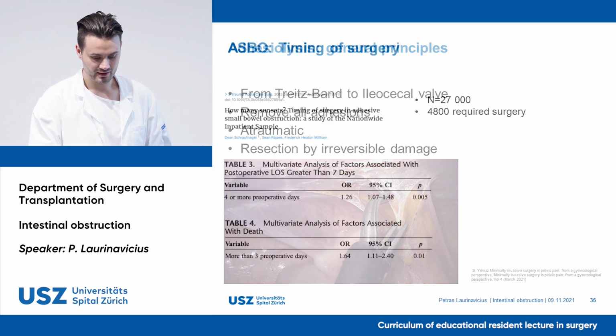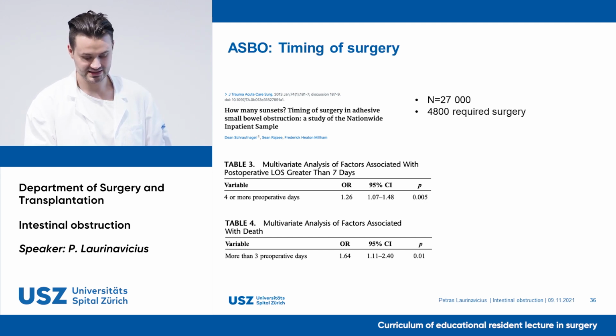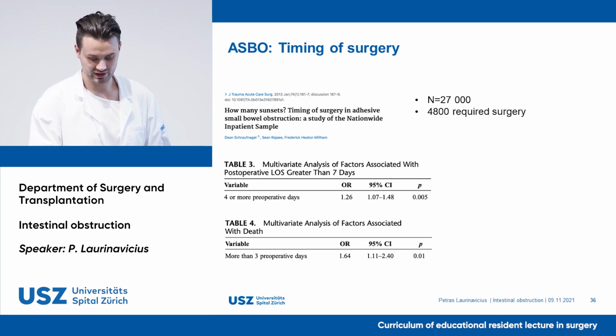For a long time, we had this dogma that the patients with intestinal obstruction have to be operated quickly. However, in the last decade, there were many studies that have proven otherwise. For example, a retrospective trial by Dr. Scharfnagel included 27,000 patients that were diagnosed with ASBO and that were initially treated conservatively. 4,800 of those patients required surgery sooner or later.